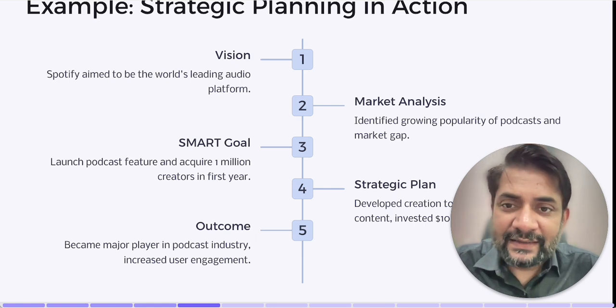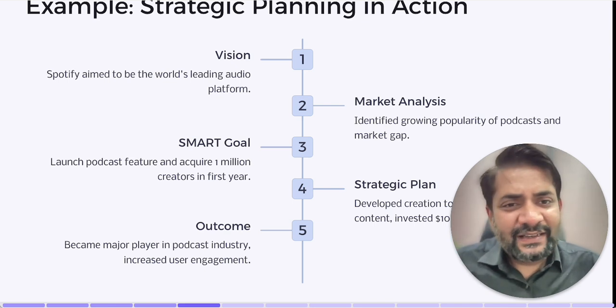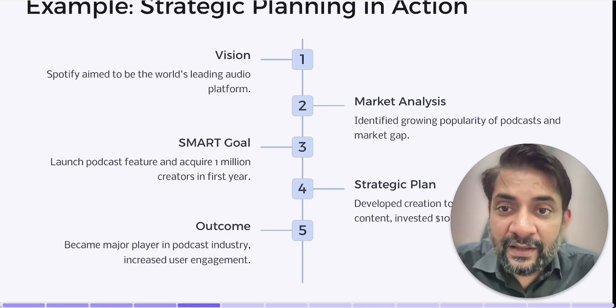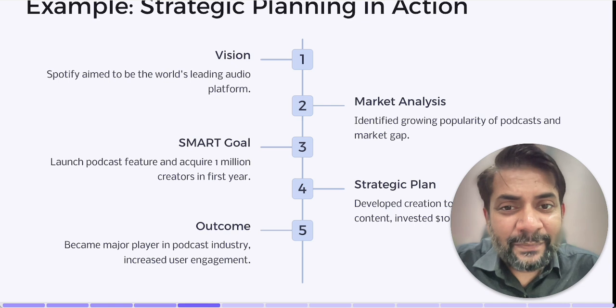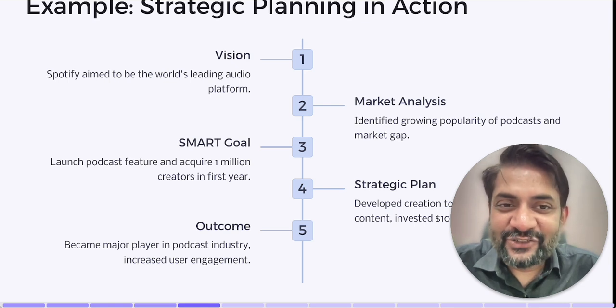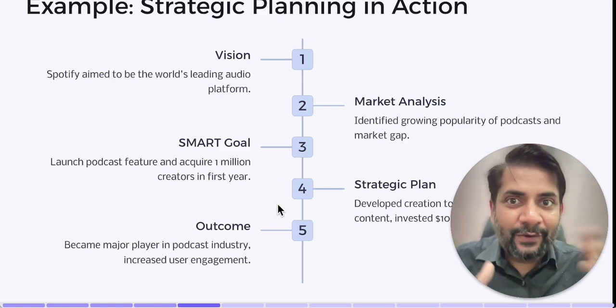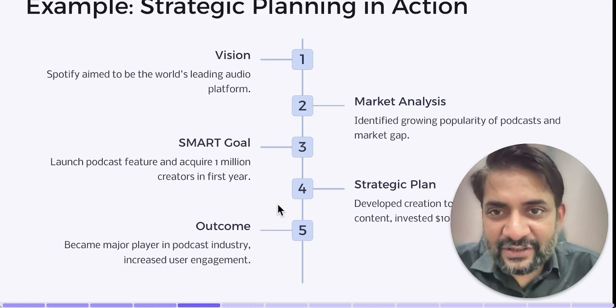And then the last step, that is to monitor and adjust: continuously track user engagement and adjust marketing strategies to focus on high growth podcast channels. The outcome, Spotify successfully became a major player in the podcast industry, significantly increasing user engagement and diversifying their revenue streams. So that's how strategic planning is in action.